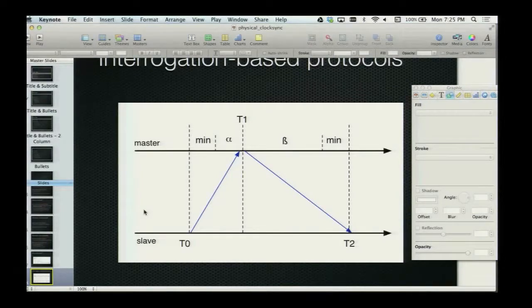You can't tell the difference between having learned something about alpha versus beta versus being wrong about the degree of your clock offset. The first time you do a measurement, you have a certain maximum error bound on your clock offset. The second time, you similarly have a maximum error bound. The most you can do is reduce that to the minimum of those 2 error bounds. It doesn't tell you anything about where within that bound the measurement of T1 actually lay.